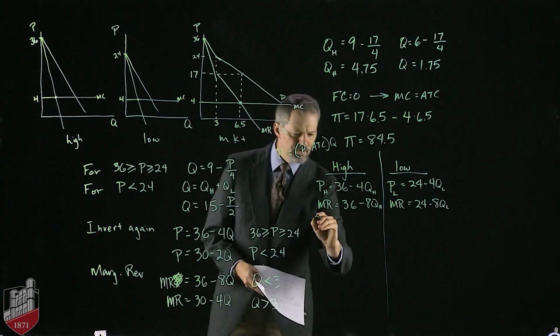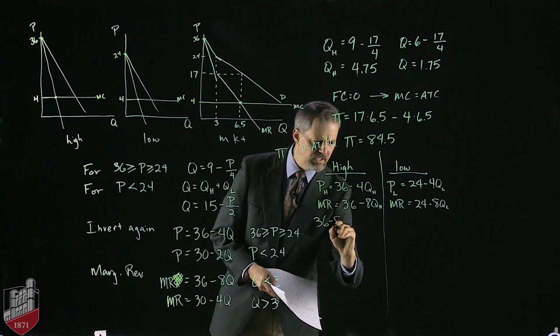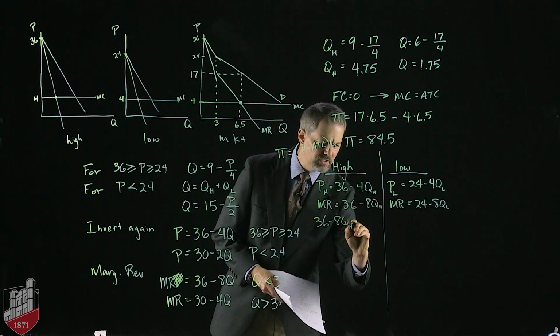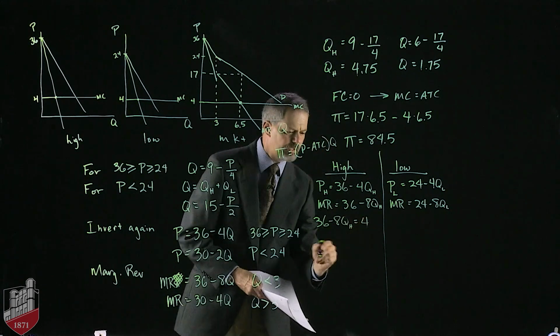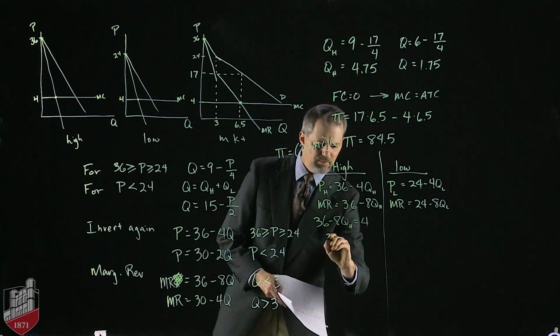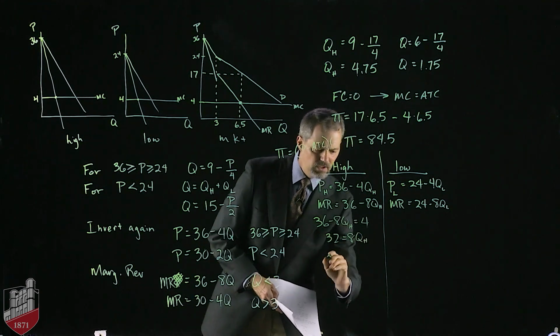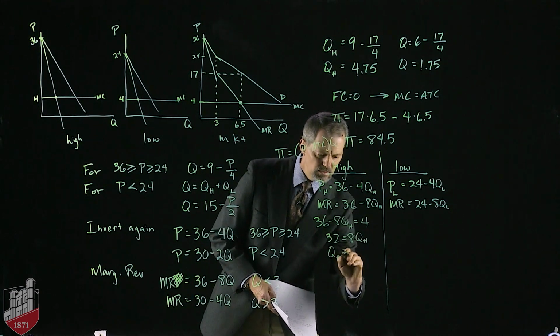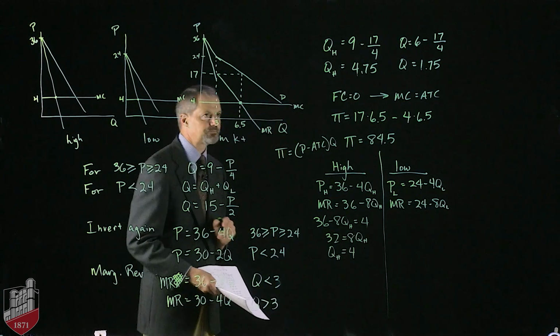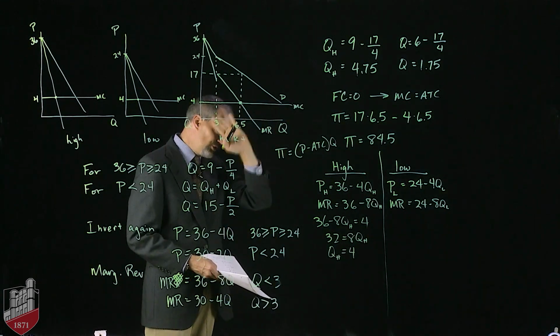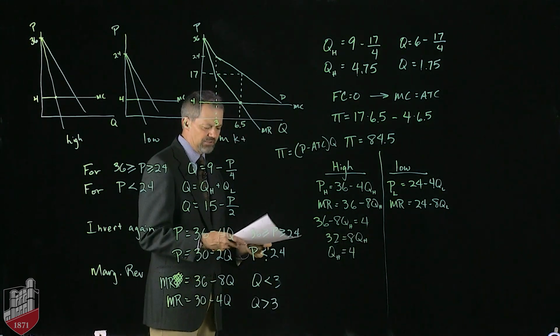So 36 minus 8QH equals 4. Marginal revenue equals marginal cost. 32 equals 8QH. QH equals 4. Firm's going to sell 4 units to the high willingness to pay group.